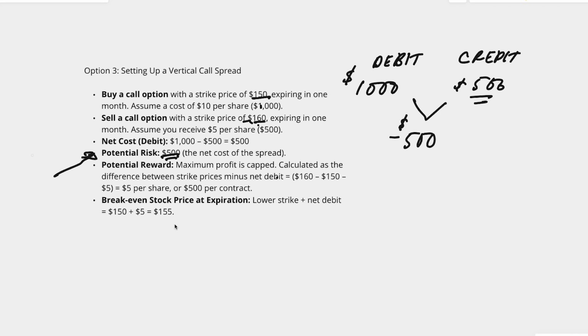Basically, anything we earn on the call option we bought, we have that obligation with the call option that we sold, and we'll see the math works out when we run through different scenarios. And then the break even for this particular one would be the lower strike price plus the net debit. So at $155, we break even. So we're going to gain the $500 back for that one. And it only costs us $500 to run this vertical spread.